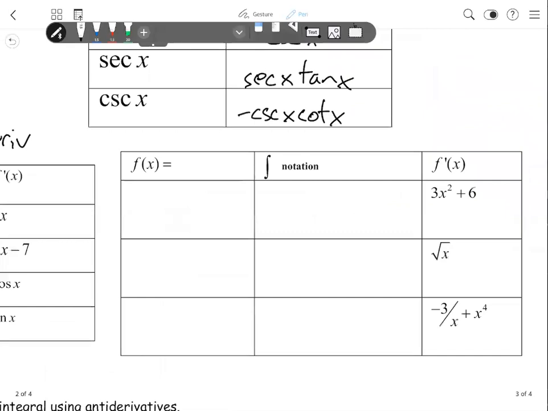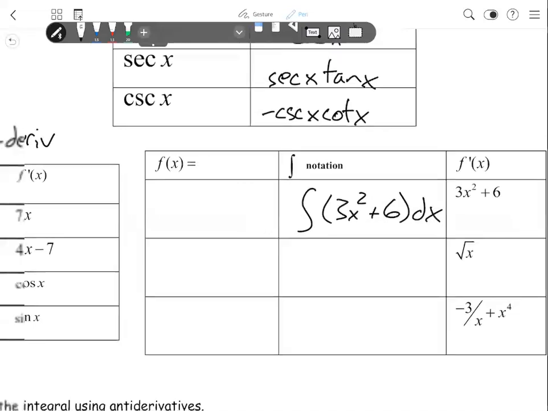And so what I want you to recognize here is that when we are taking the antiderivative, we're working backwards to get the original function from the first derivative, and that is equivalent to what we were doing on the first page. We are finding the area under the curve. So if I start out with f prime of x equal to 3x squared plus 6, I can write that as the integral of 3x squared plus 6 dx.